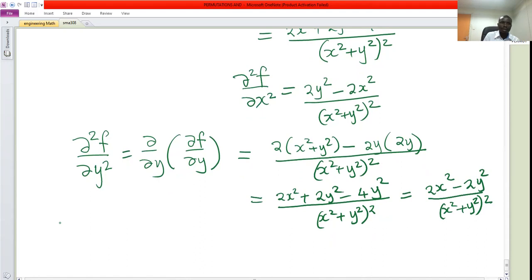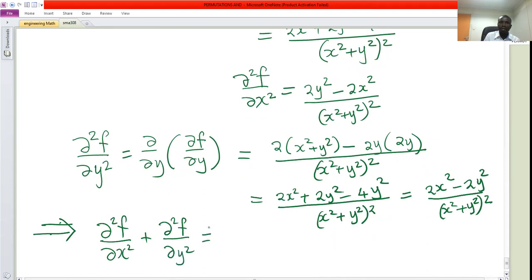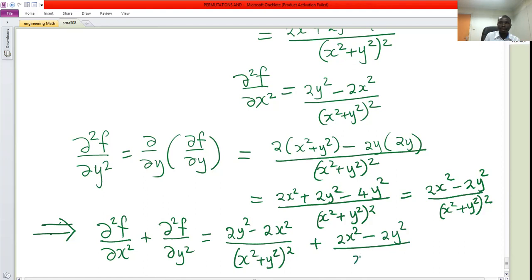Adding these two, partial squared f partial x squared plus partial squared f partial y squared is given by 2y squared minus 2x squared divided by x squared plus y squared, squared, plus 2x squared minus 2y squared divided by x squared plus y squared, squared.